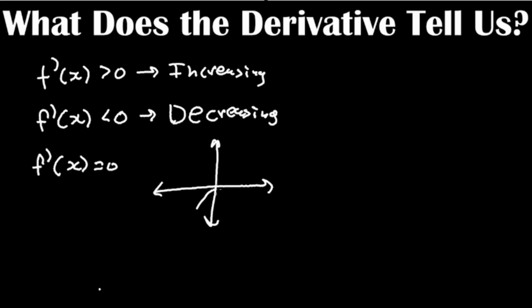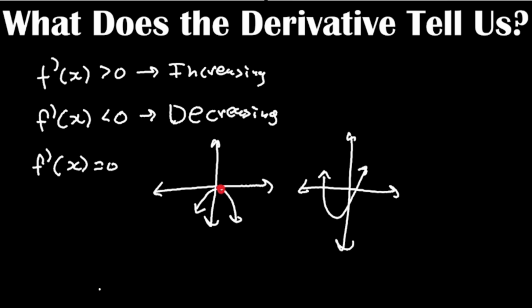So usually that's going to be a max or a min. Like that's a max, that's a minimum. At both those points, the first derivative is equal to 0. Basically, your slope at that point is kind of leveled out, and so your function just has a flat spot at that point. Now, the first derivative being equal to 0 doesn't necessarily mean a max or min, which are called extrema.